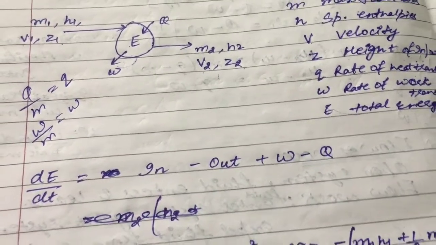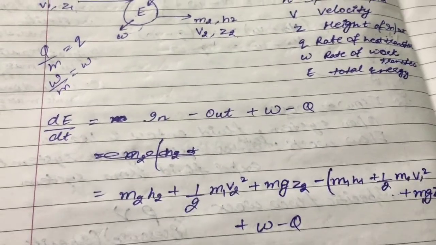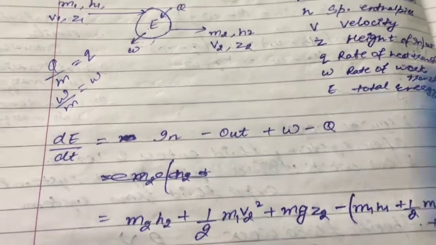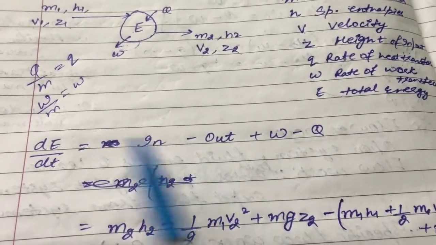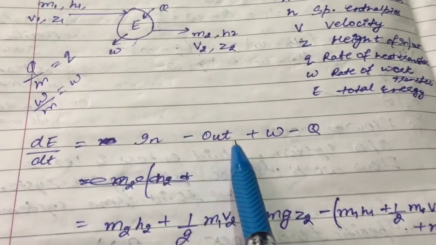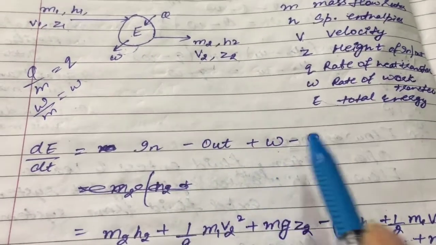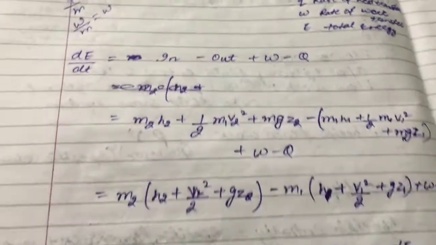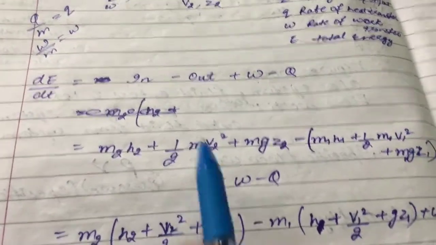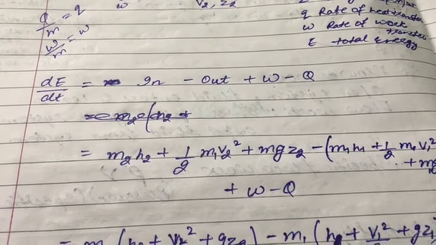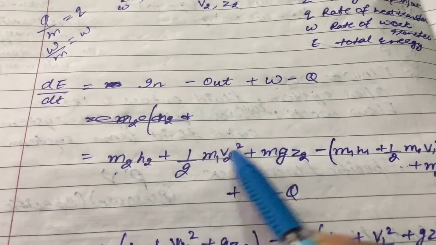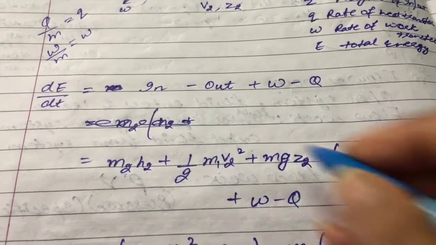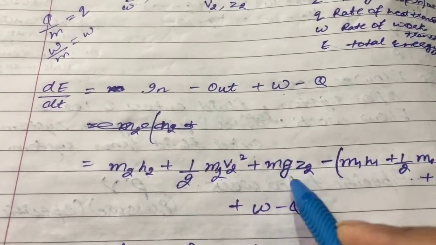So the energy balance would be dE, change in total energy with respect to time, equal to energy flowing in minus out plus work done minus Q, heat. Energy flowing out would be m2 h2 plus half m2 V2 square plus m g Z2.